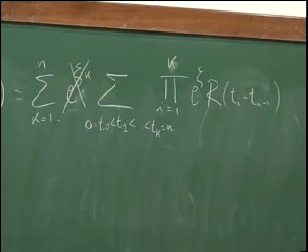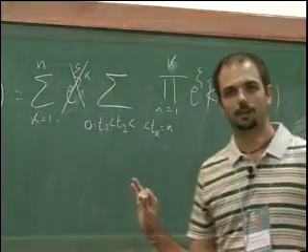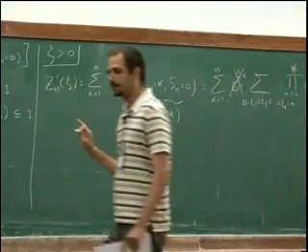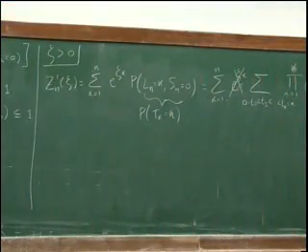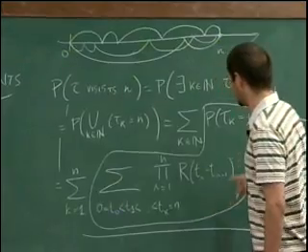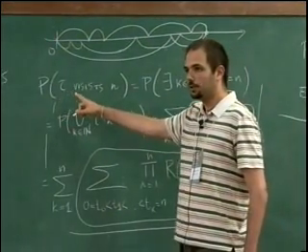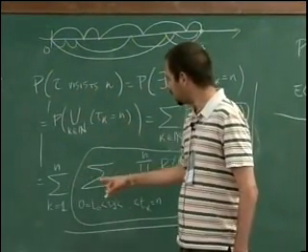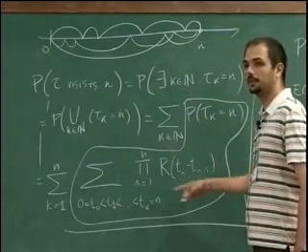Now, I'm quite happy with this formula. You maybe not, but why is this not so ugly? Because it resembles very closely this formula, you see? The probability that a renewal visits n is this double sum, this product of this kernel.